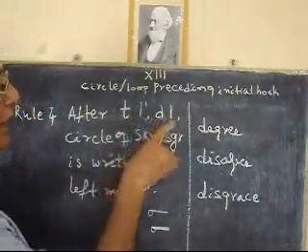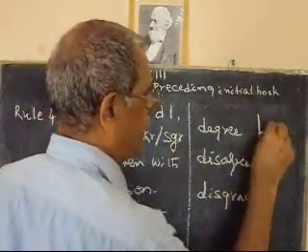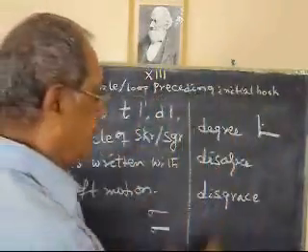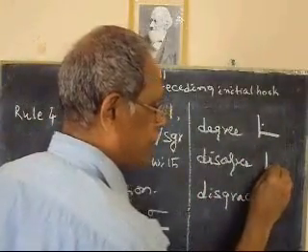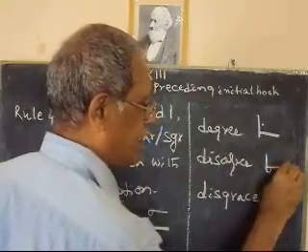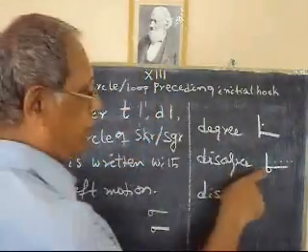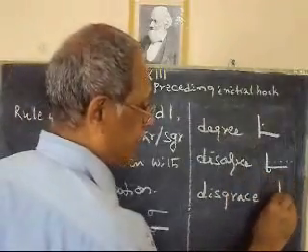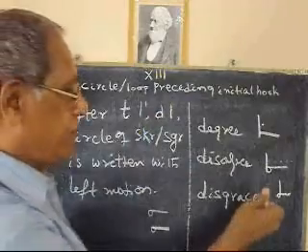But after T or D, suppose degree, you got a general letter. Okay. Disagree. Now you say left motion. Disagree. Left motion. Don't write like this, because outside the angle, it may mislead.